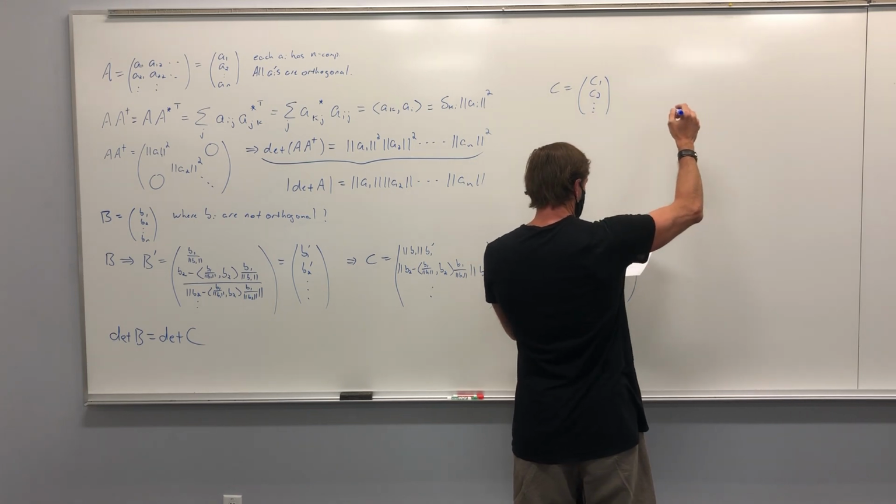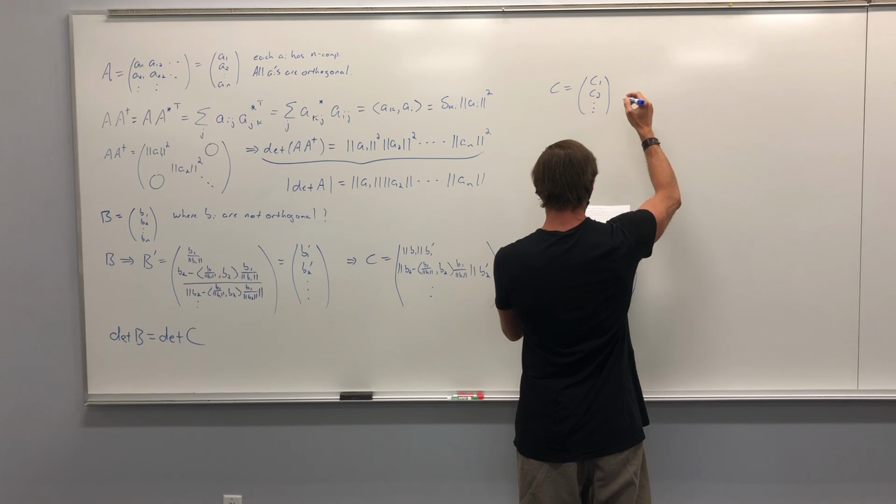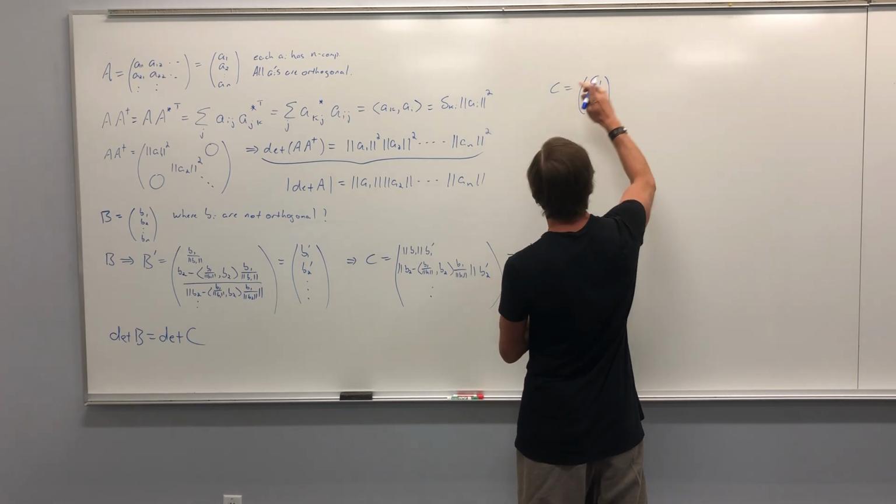I've got to make sure I get this right. Orthonormal vectors, C1, C2, times scalar multiples.